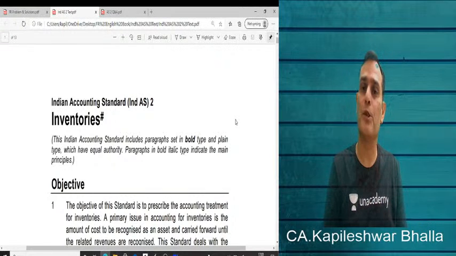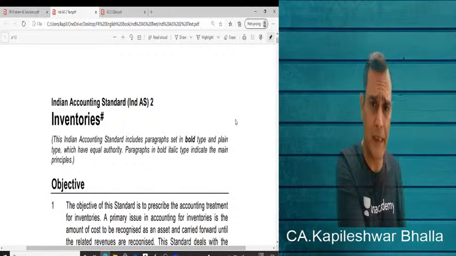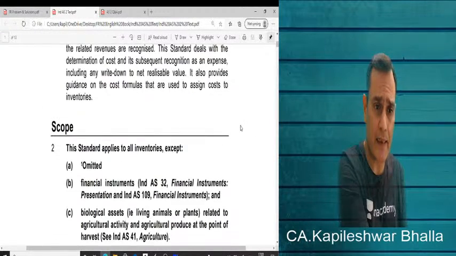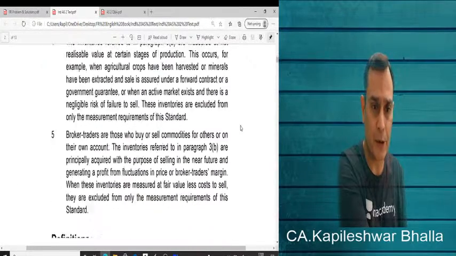So let me begin the journey, and first of all, we're going to look at the definition of what is inventory. Don't worry, we'll first try to understand the concept, and then the notes will be documented at a later stage.